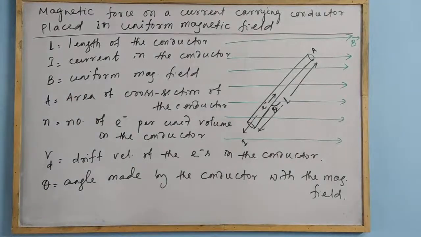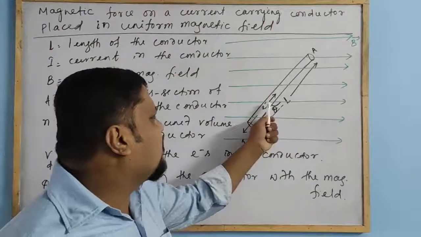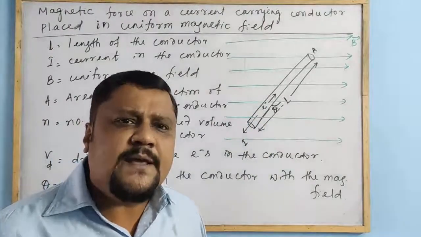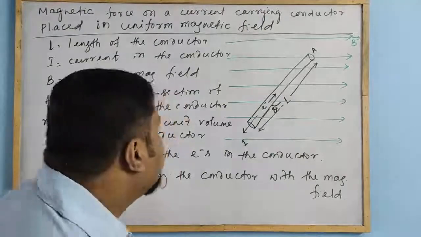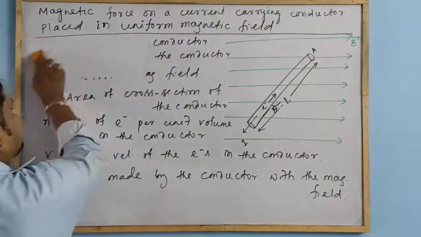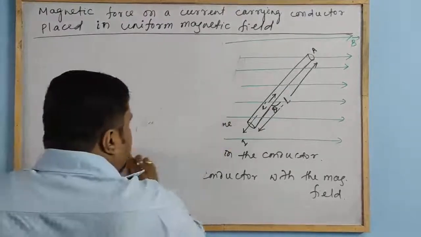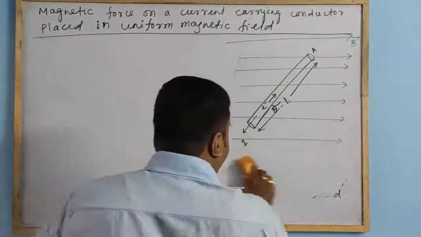Now we will do one by one. So first what I will do, take one electron. What is the force acting on that electron? That is equal to Q V cross B, force on the electron, magnetic force. So first part we will do the force. First part is the magnetic force.